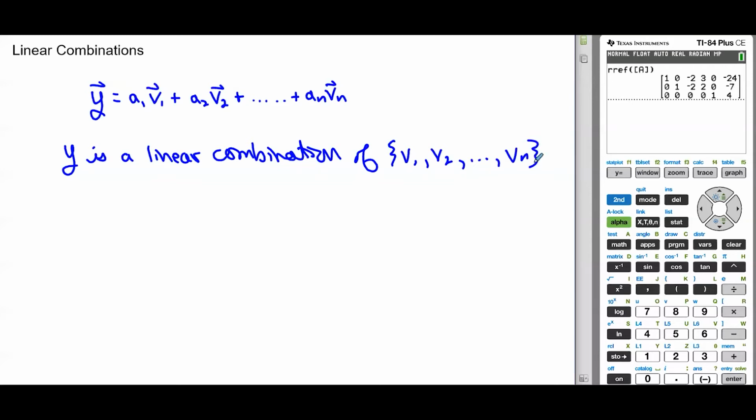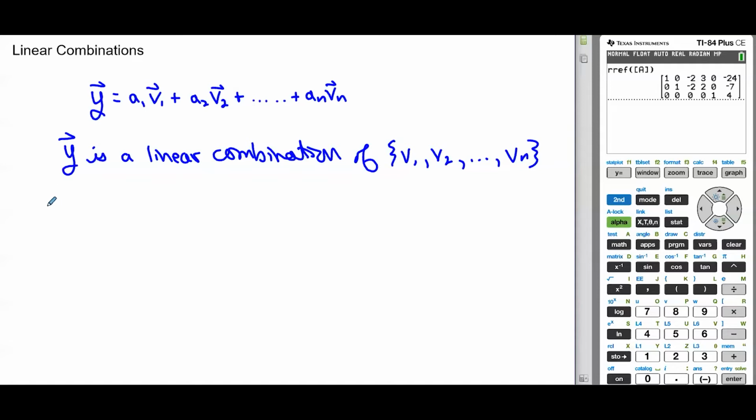So you're combining these vectors v1, v2, v3, all the way to v sub n, in such a combination that when you add them up together, you get the vector y.